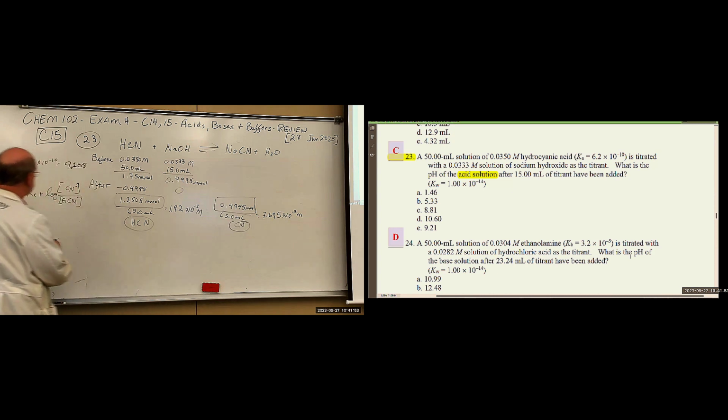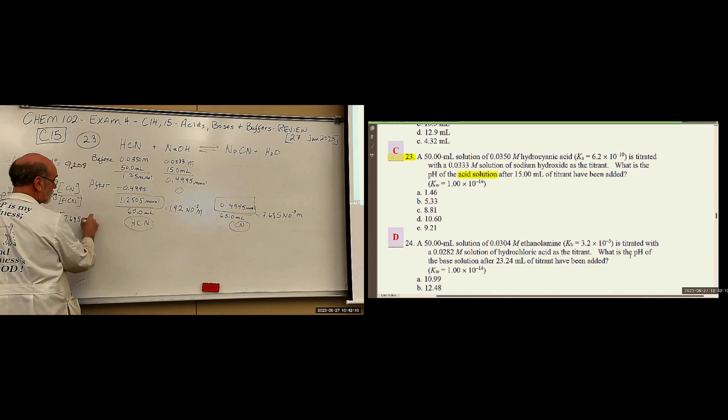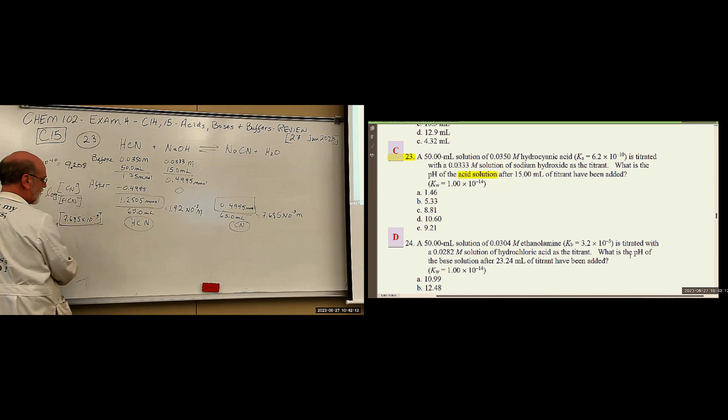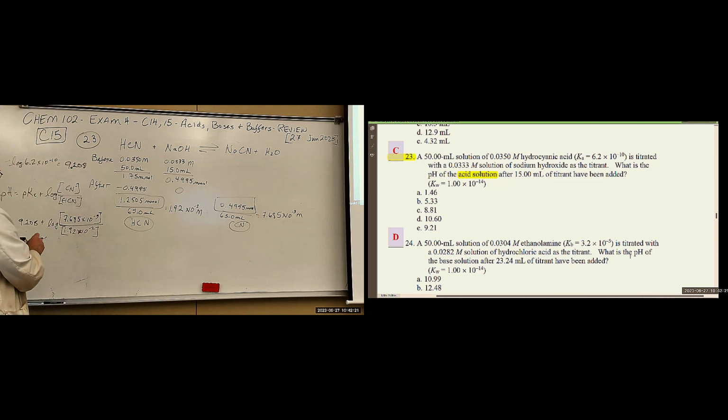All right. So let's go back to this one. The pH is going to be 9.208 plus log of CN minus, 7.685 times 10 to the minus 3, divided by 1.92 times 10 to the minus 2. There we go. So let's see. My calculator, I'll put this one on top, swap it, and divide.